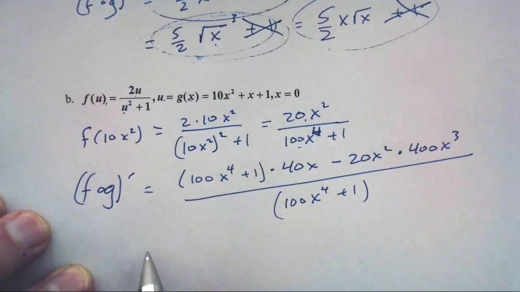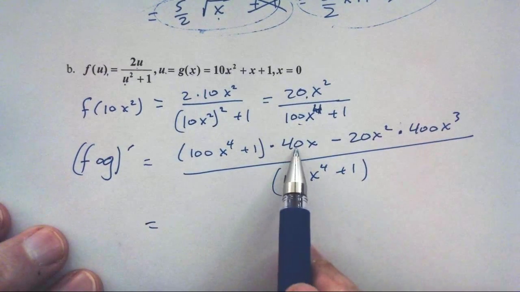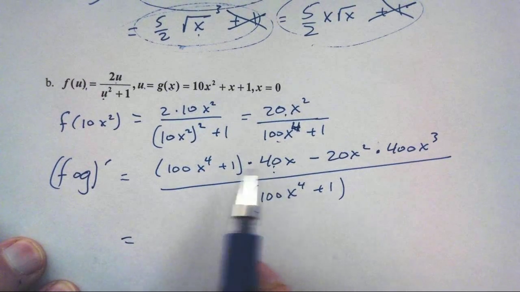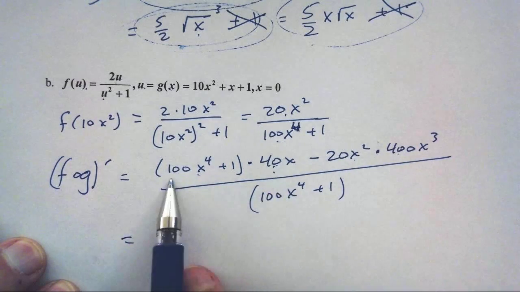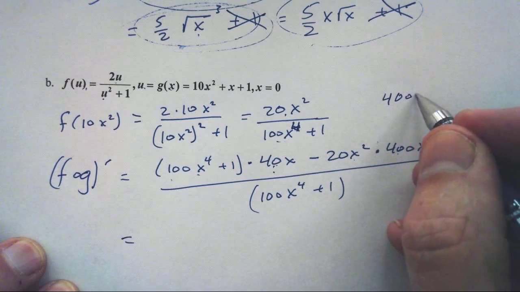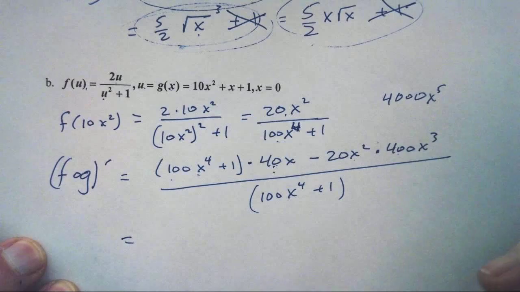of the thing below. Let's get some simplifying done in here at least. It looks like we're going to get some x to the 5ths here, combined with some x to the 5ths there. So 40 times 100, I get 4 with 3 zeros, that many x to the 5ths.